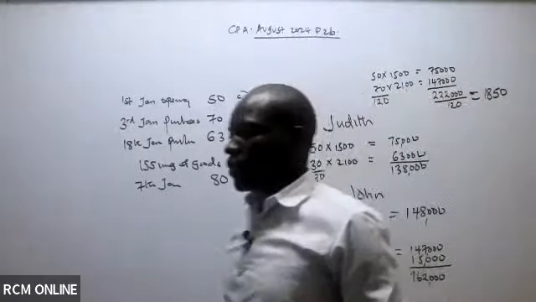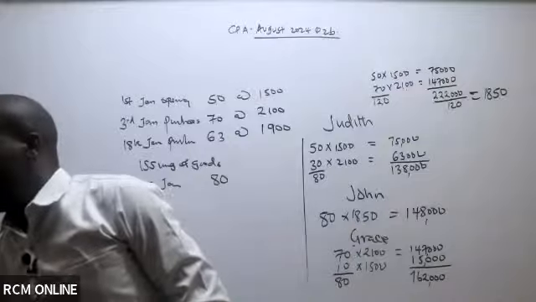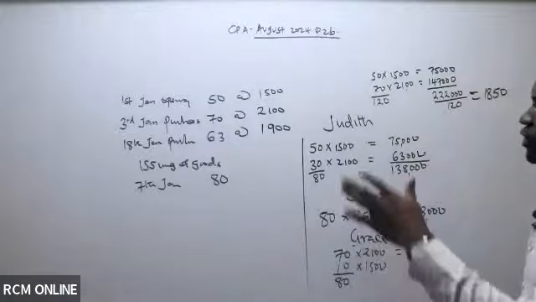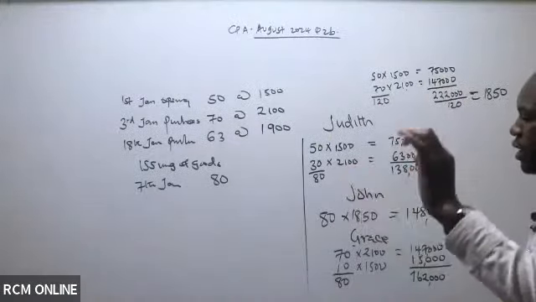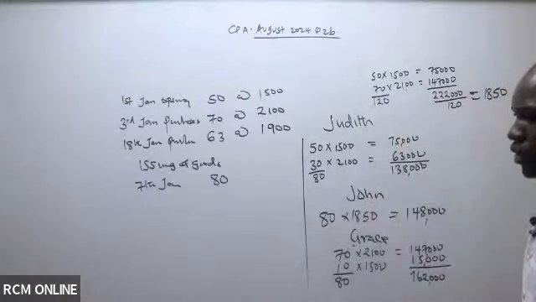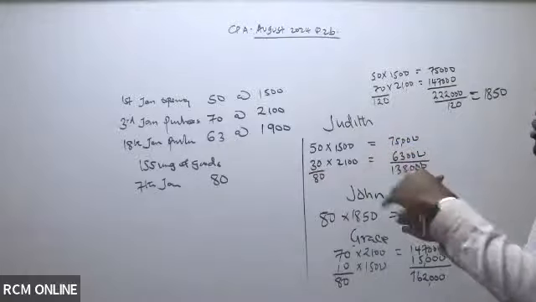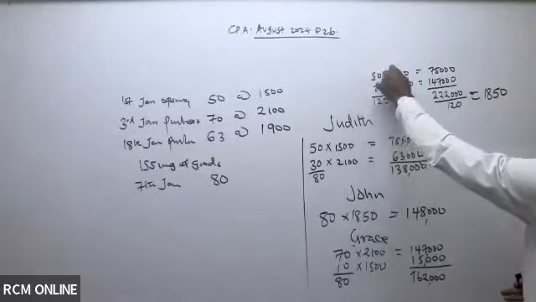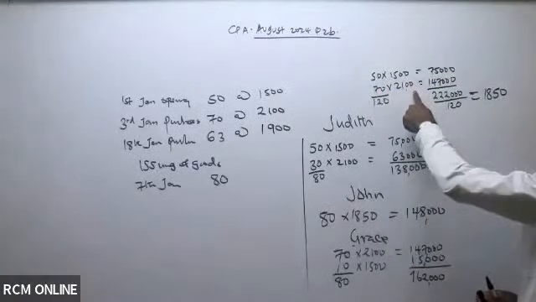And John went ahead. This is what John did. John went ahead and said, you know what? I cannot follow that procedure. I'll be getting the average, then multiply by what was sold. So how is he getting the average? First of all, he's getting the total value of what he has. The total value of his opening stock plus total value of what he purchased on 3rd.